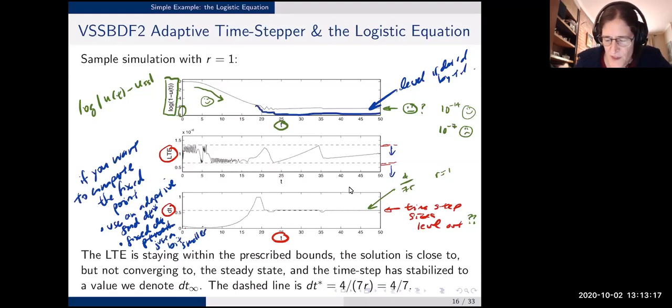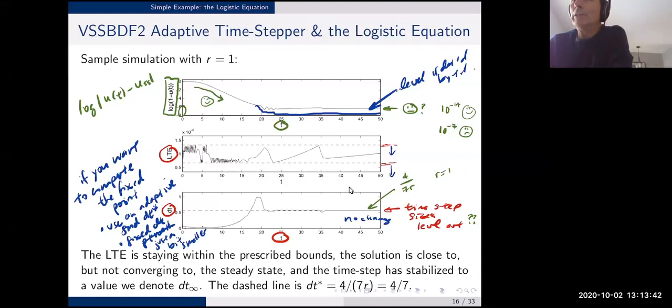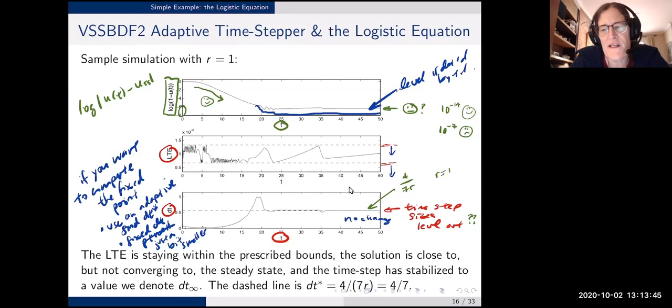But this would be unchanged. So by changing the tolerance, I can get closer to the steady state, but I can't ever actually reach it, because I always get the limiting time step size. But can you reach machine accuracy? Only if I stop and use a constant time step size.